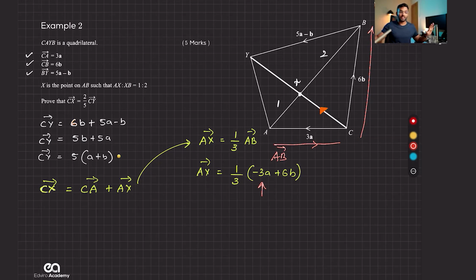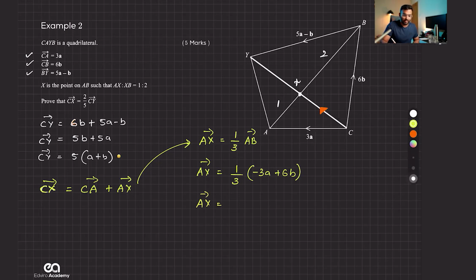That is the most common mistake in the history of vectors, getting the signs wrong. So if I simplify this a little bit further, would you all agree this would be minus A plus 2B simplified, one third of it. Replace back, and that's it.